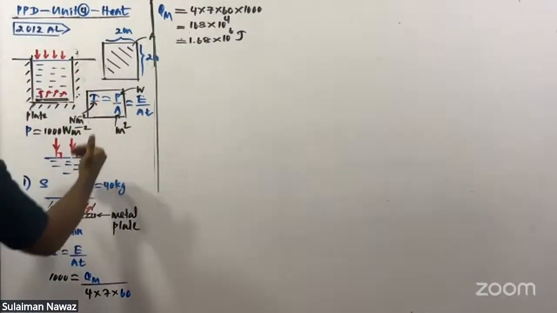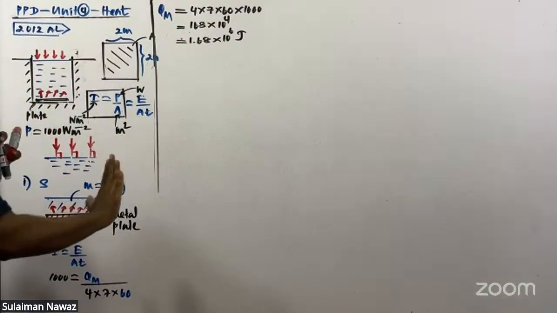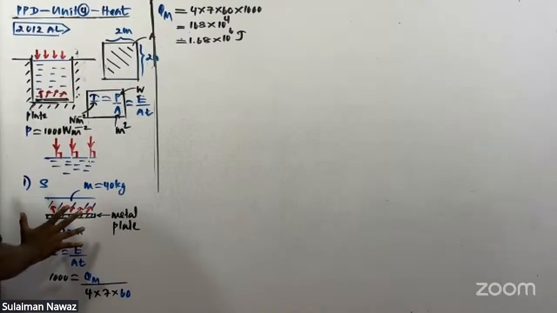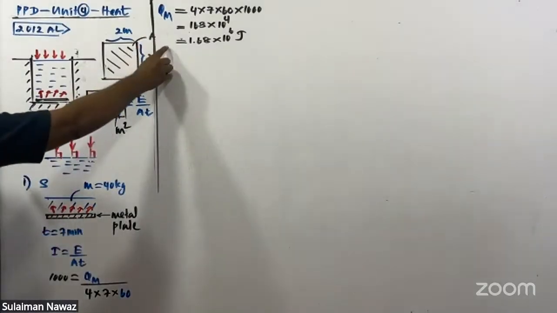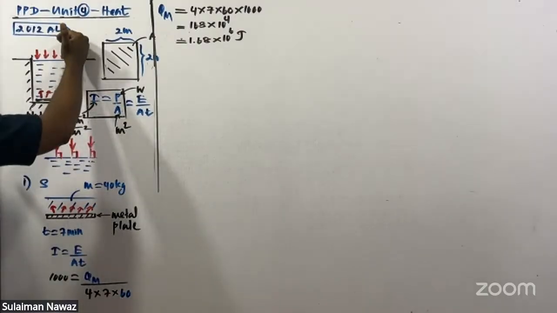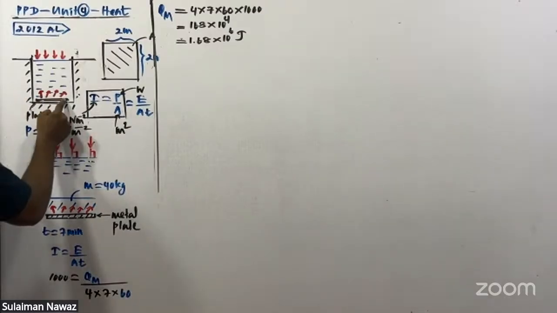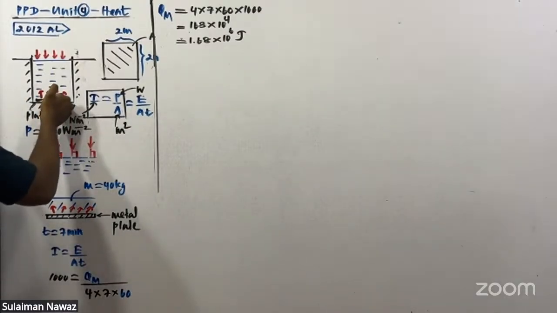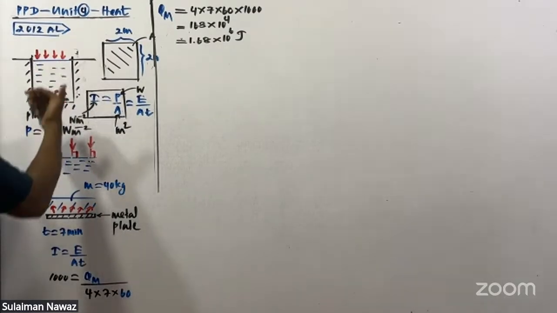Genuinely, hands up. I haven't done the question yet. This is the amount of heat absorbed. As I told you, solar radiation is incident first of all on the plate, then that heat transfers to the water.